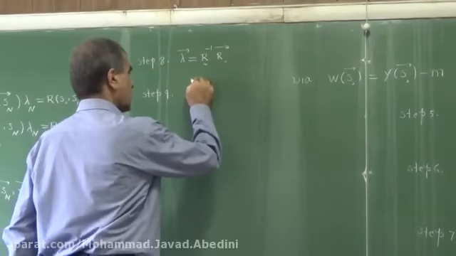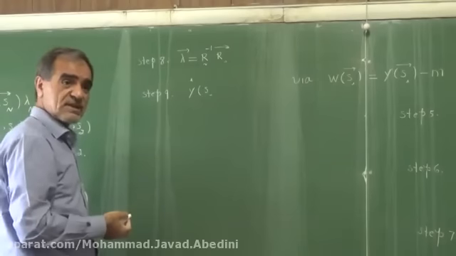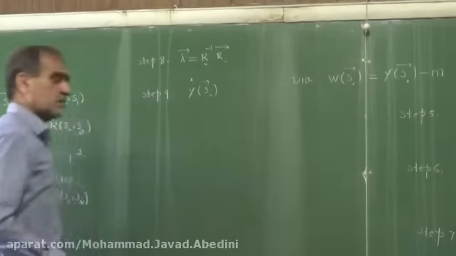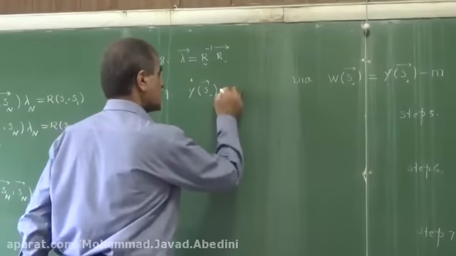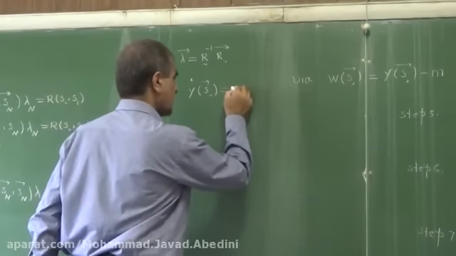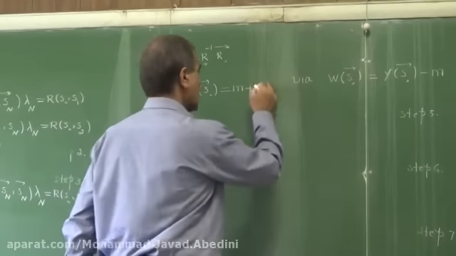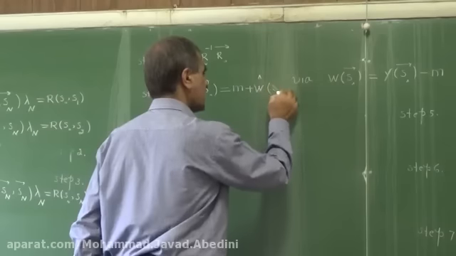Why at the point which is not sampled? Because your original problem is this. And this estimated value of y at the point which is not sampled can be written as m plus w hat at the point which is not sampled.